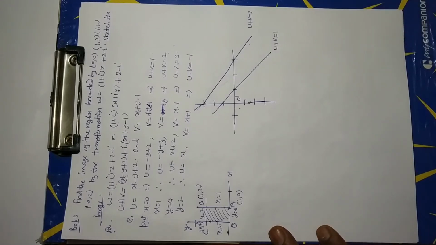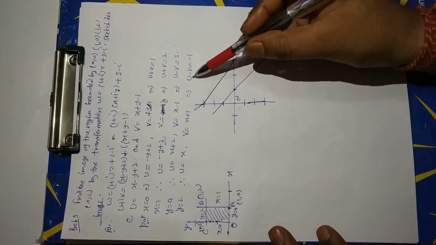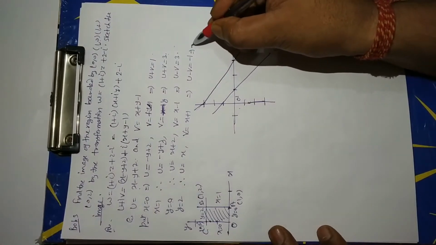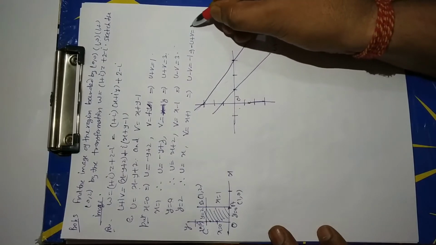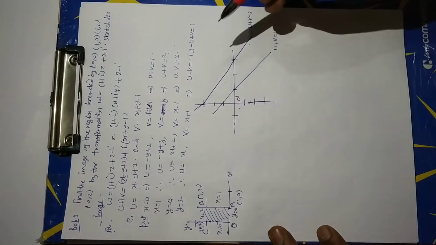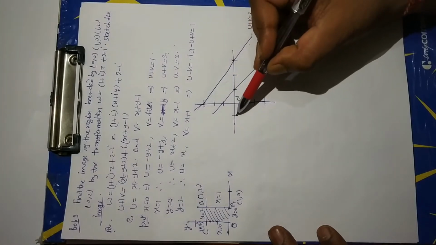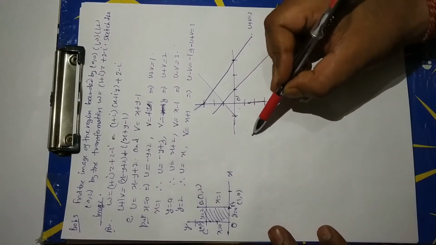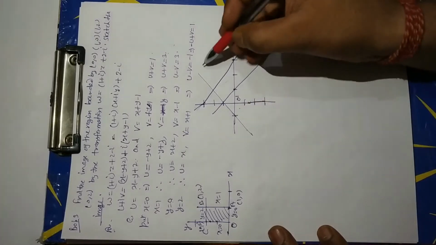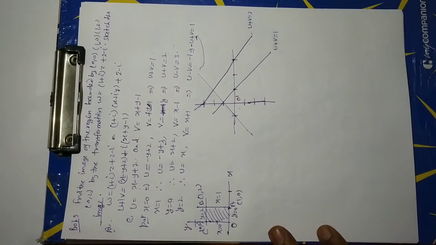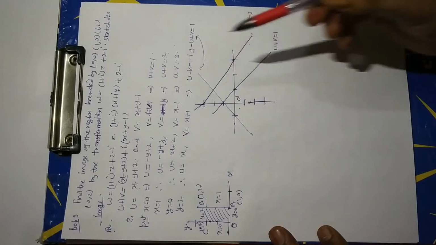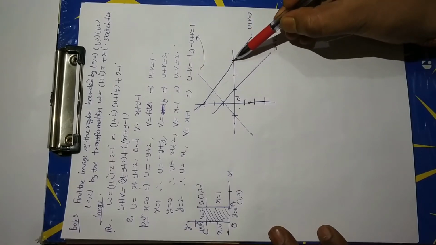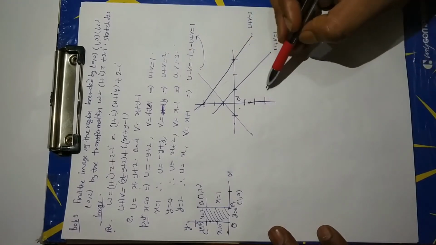Now this line can be written as -u + v is equal to 1, and it can be drawn as follows. This is the line. Now the line u is equal to 3 and v is equal to -3.